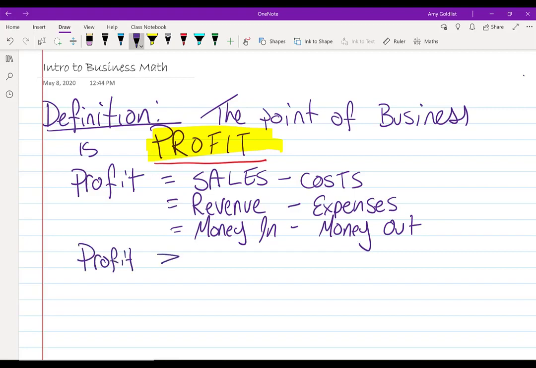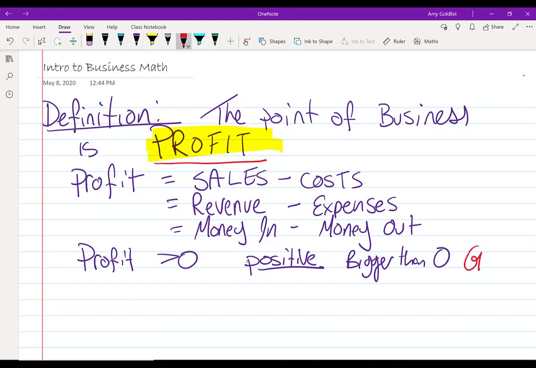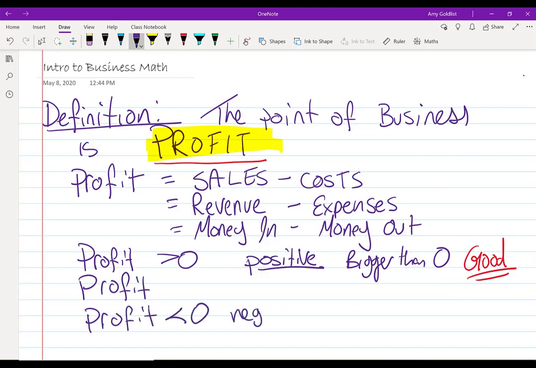What do we know about profit? When profit is a positive number, that means bigger than zero. That is a good thing. On the other hand, when profit is less than zero, that's a negative number.